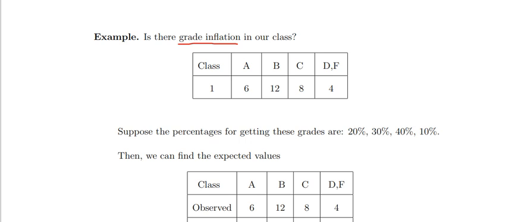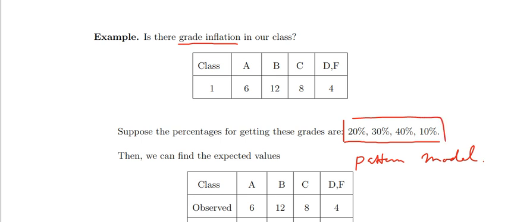Suppose for other classes there is a pattern or model, like 20% getting A, 30% getting B, usually 40% getting C, and 10% D or F. Then we want to check whether our data match these percentages, that is, match the model.